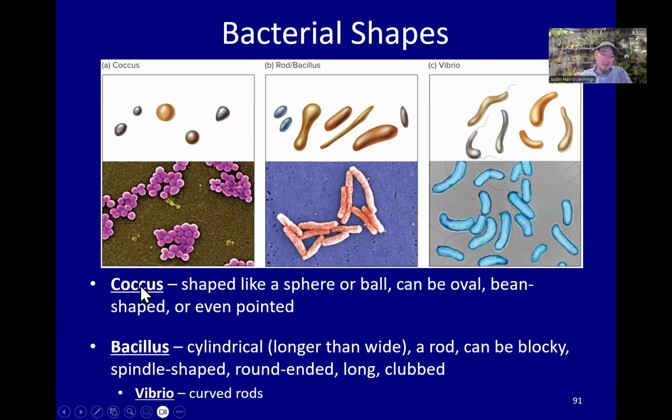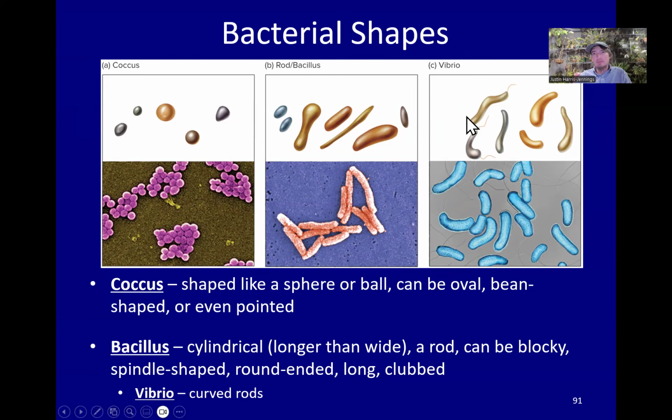So now we can talk about the shape of bacteria. Bacteria can have a few different shapes, where you can have round, rod, or comma shaped. The round are called coccus or cocci, the rod are called bacillus or bacilli, and the comma shape are called vibrio.